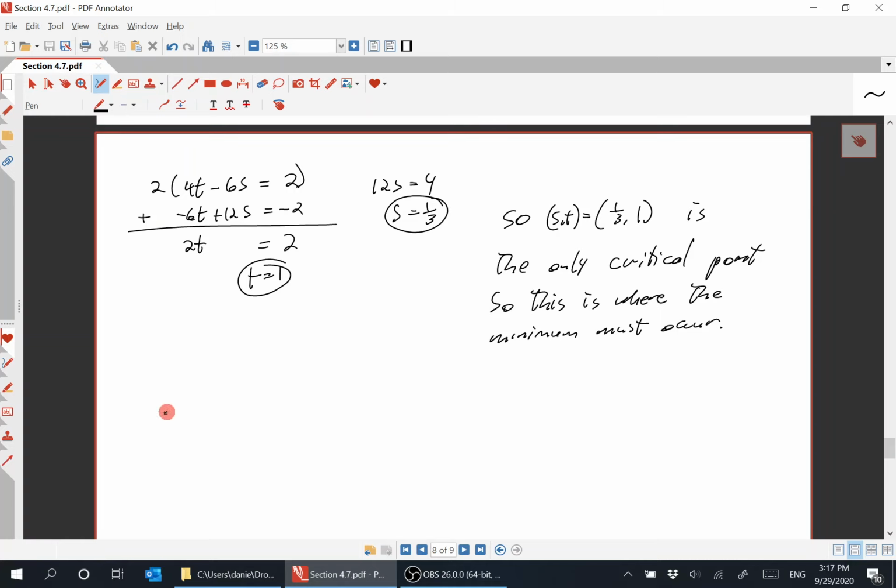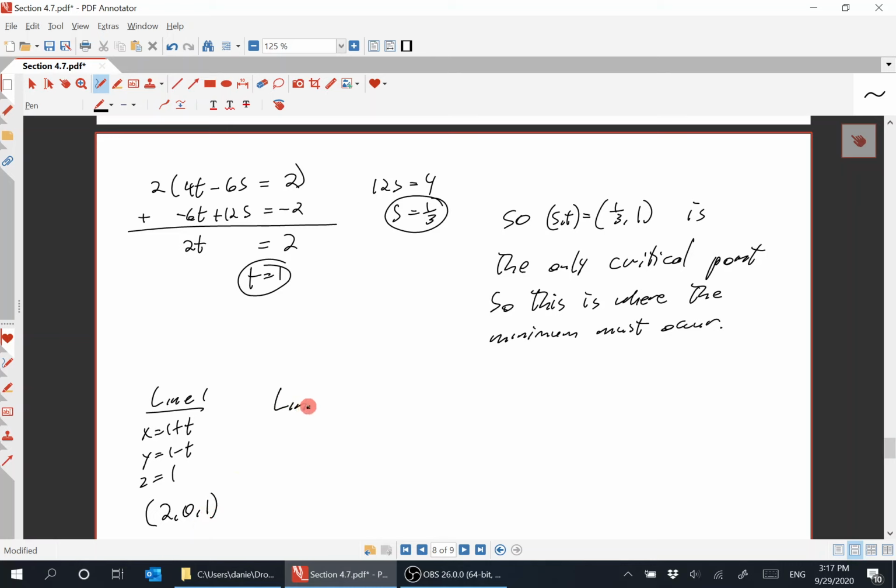So on line 1, where x is equal to 1 plus t, y is equal to 1 minus t, z is equal to 1, we get the point (2, 0, 1).